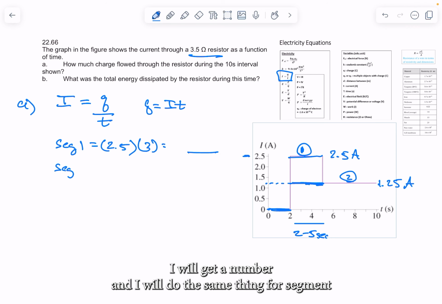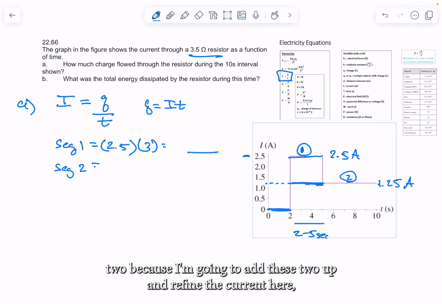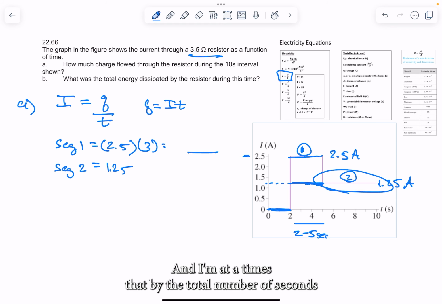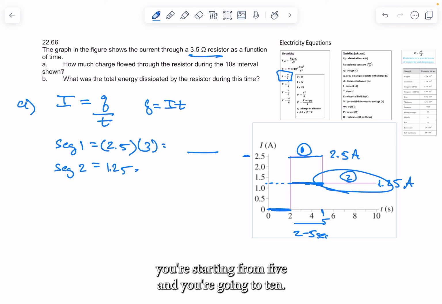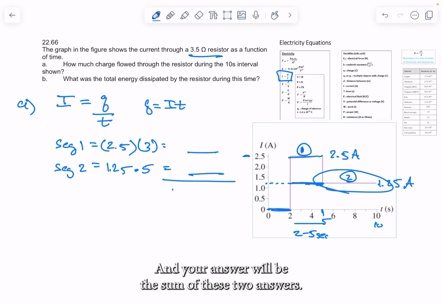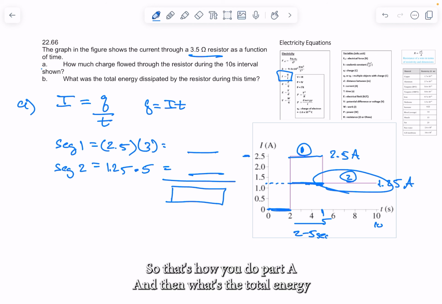I will do the same thing for segment 2 because I'm going to add these two up. I'm going to find the current here, which was 1.25 in segment 2, from here to here, and I'm going to times that by the total number of seconds. You're starting from 5 and going to 10, so that's going to be times 5. And that's going to be a number. Your answer will be the sum of these two answers. So that's how you do part A.